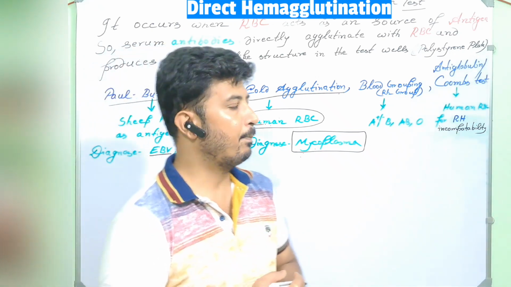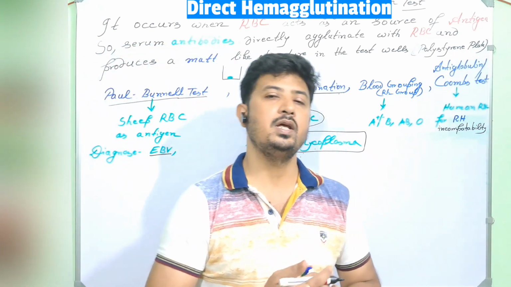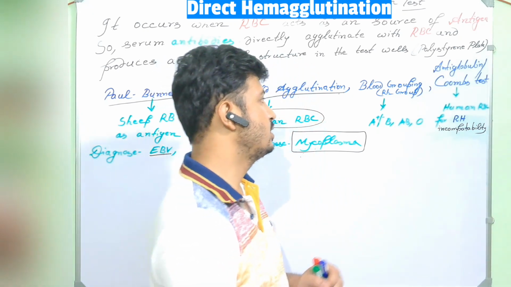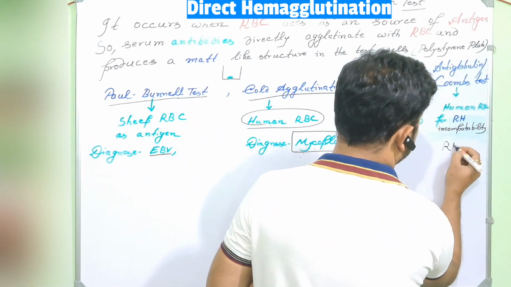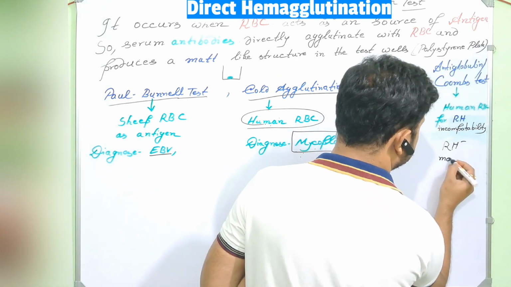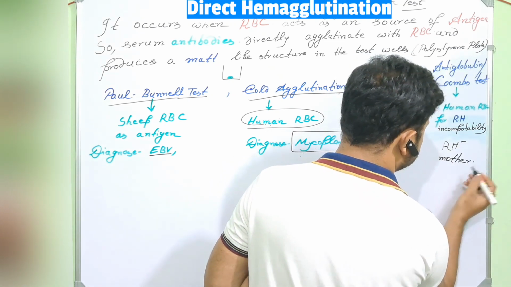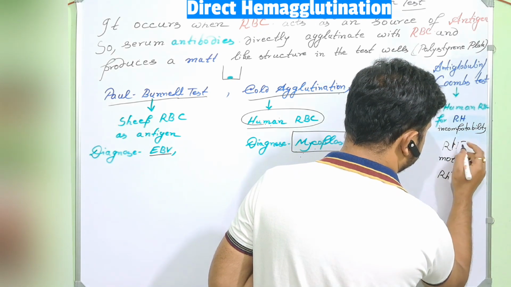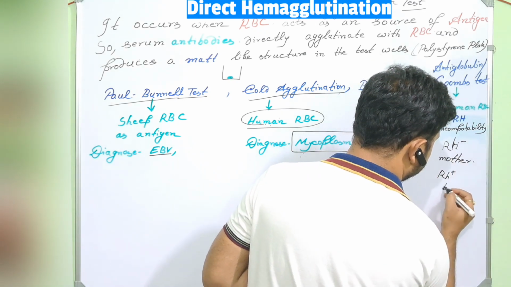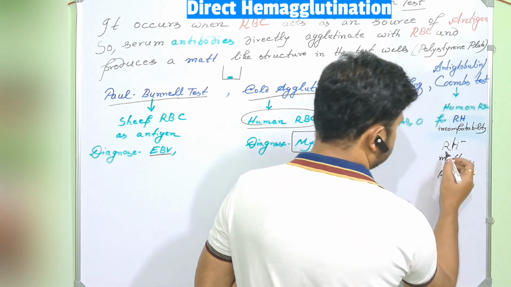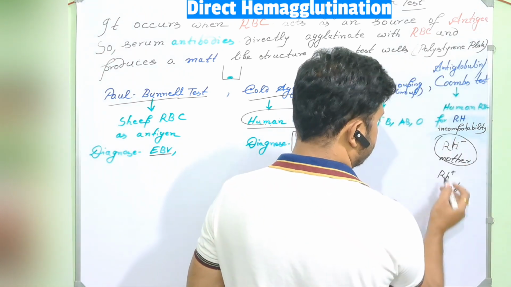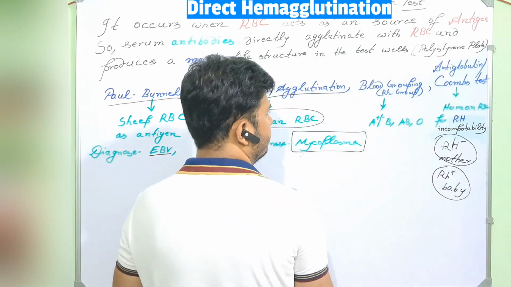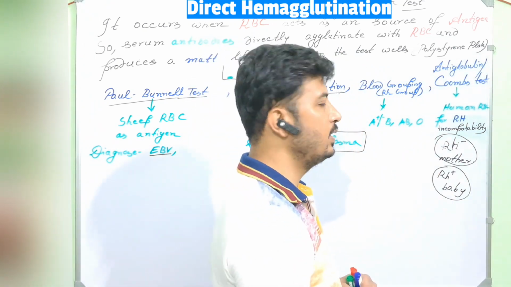It is generally applied to human Rh incompatibility cases where an Rh negative mother bears an Rh positive baby. So this mother is pregnant with an Rh positive baby. At that time an Rh incompatibility is there.